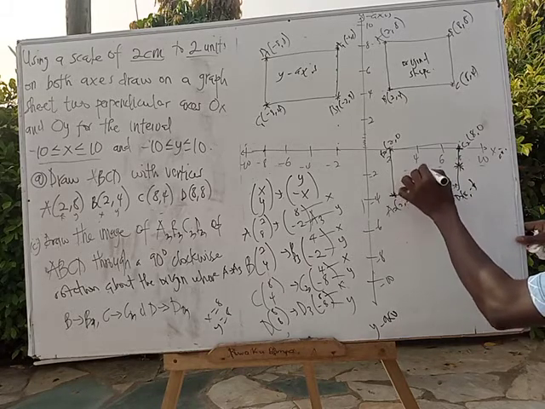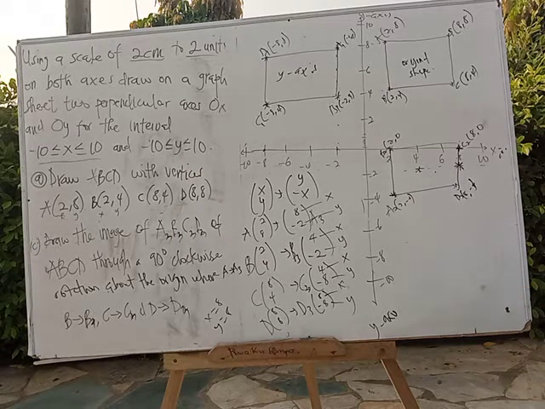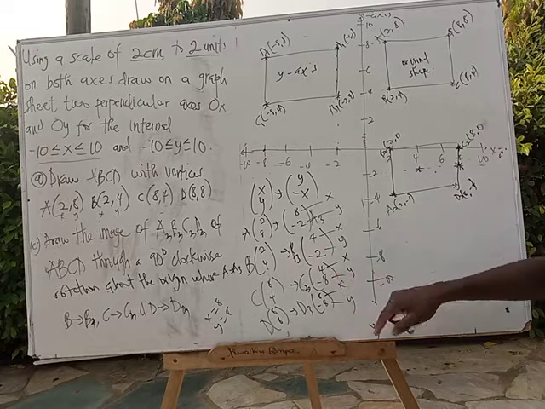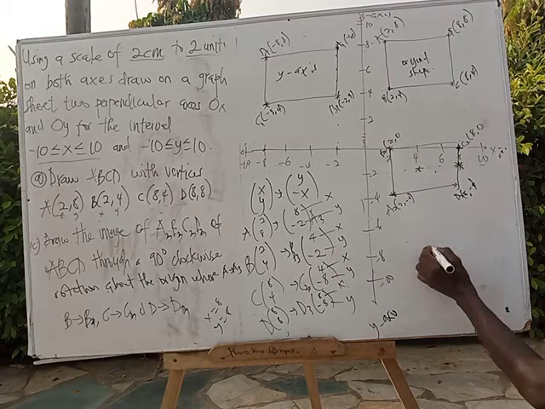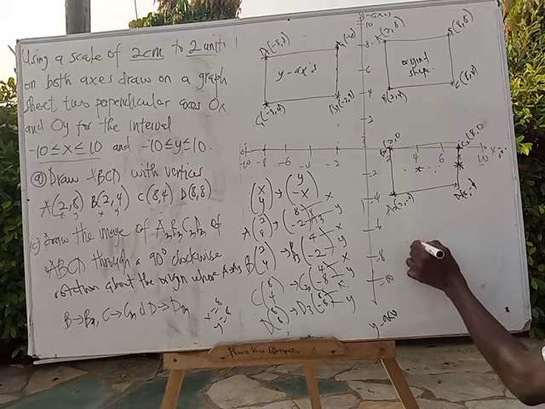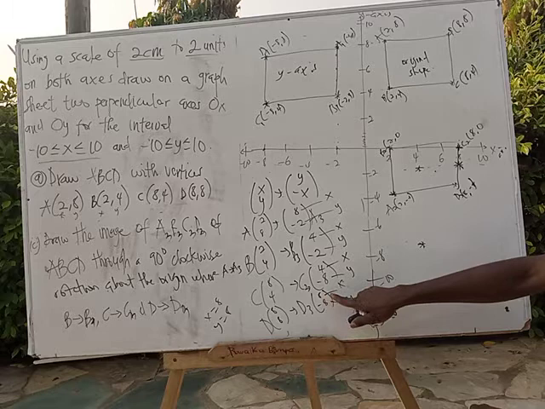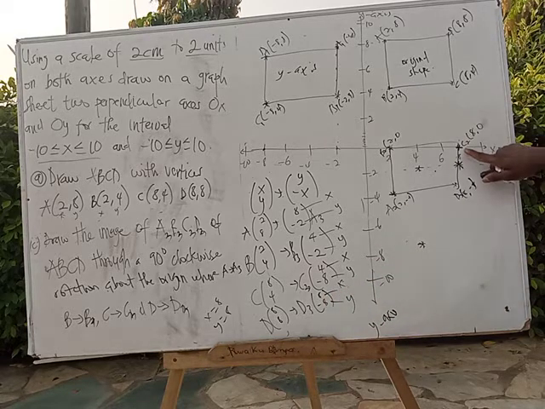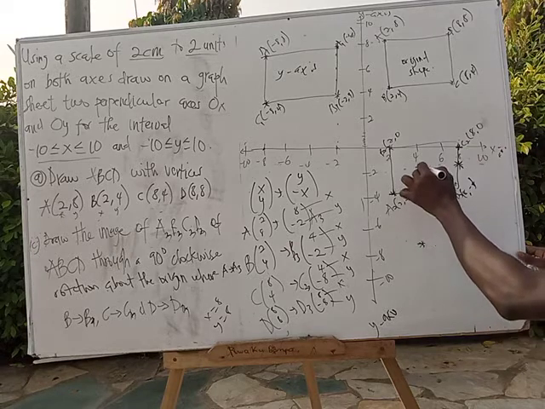I want you to follow what I'm doing very carefully. We go to C: x is 4, but y is negative 8. So (4, negative 8) is here. Go to D: x is 8, and y is negative 8. They are meeting here. So you see where this one is also going.